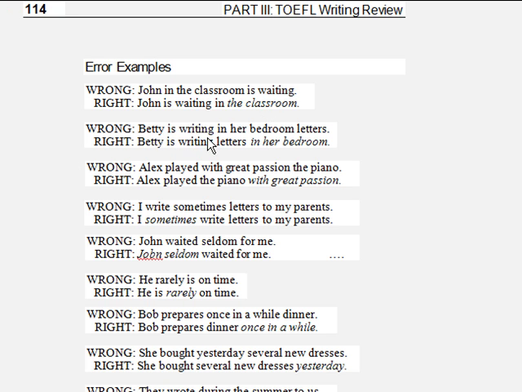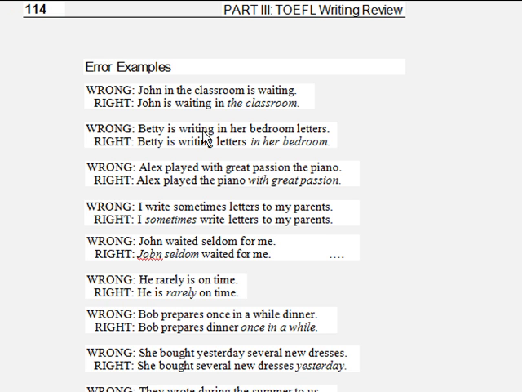Go down to the next one. Betty is writing in her bedroom letters. Sounds a bit strange, perhaps. But let's look at the word order. Betty is, verb, writing.